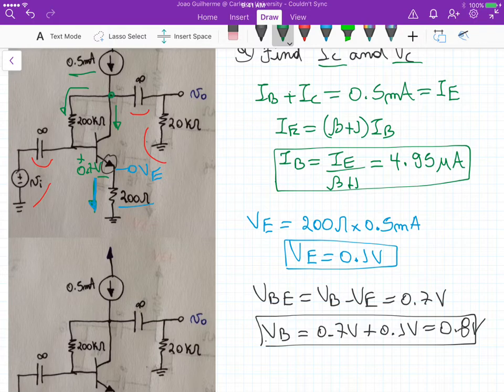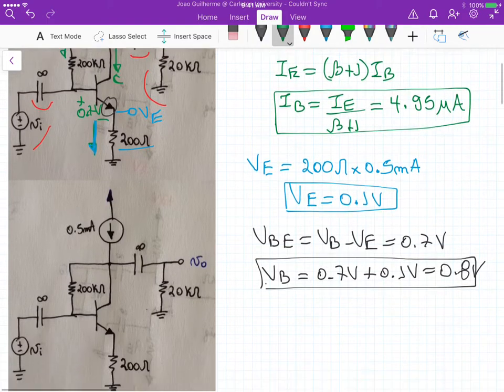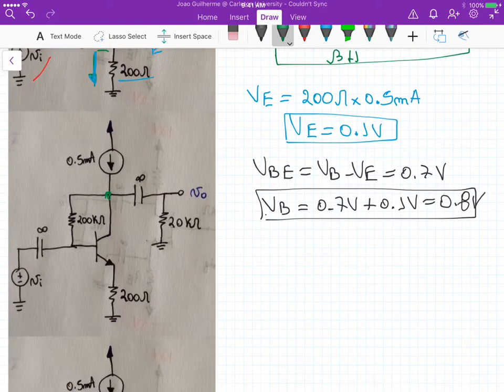Let me draw it here. Here we have VC because it's directly connected to the collector, and here we have VB, and here is the base current, IB.